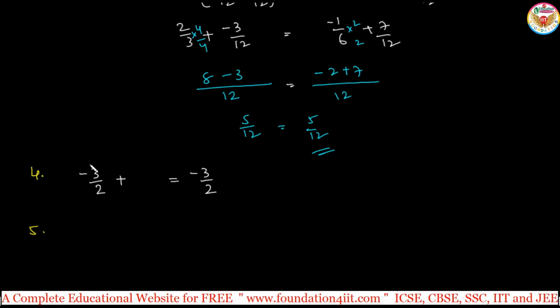Observe, if minus 3 by 2 is a rational number, what number do we need to add to get the same? Obviously that is 0. So the additive identity for rational numbers is 0. Next is the additive inverse, right? So this is the additive identity.